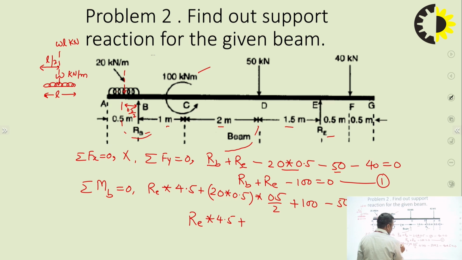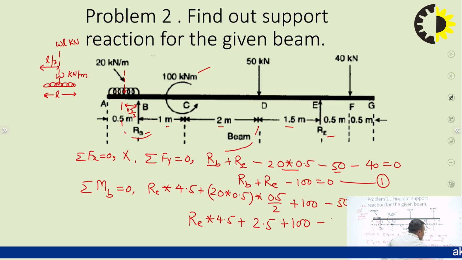So it is 10, 5, 5.5. So it will be 2.5 plus 100, okay, plus 100 minus 150 plus 200. So how much is this? 350 equal to 0. By solving these two equations, we can find out what?